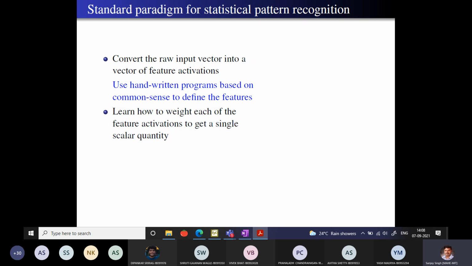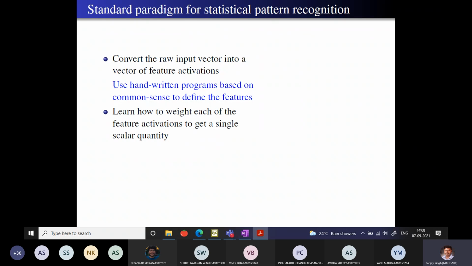Once you have the features with you, then you try to learn how to weight each of these features to get a single scalar quantity. When I say weighting of the features, what I literally mean is that suppose 8 to 10 features are there, and based on empirical or some statistical analysis, you will come to know that this feature is more important than the other one, and based on that you find certain weights.